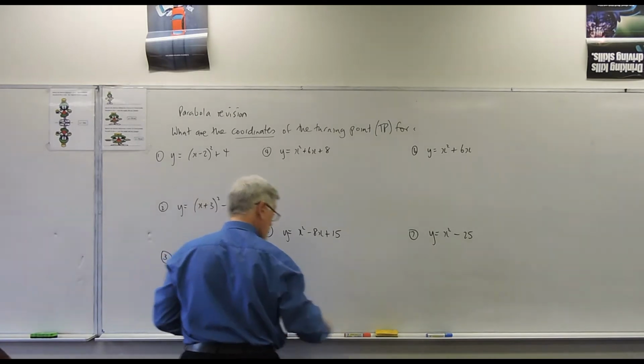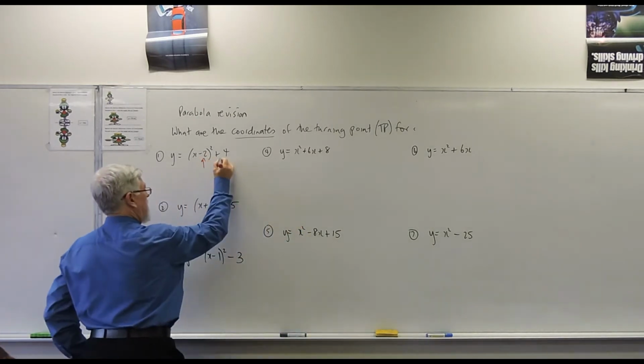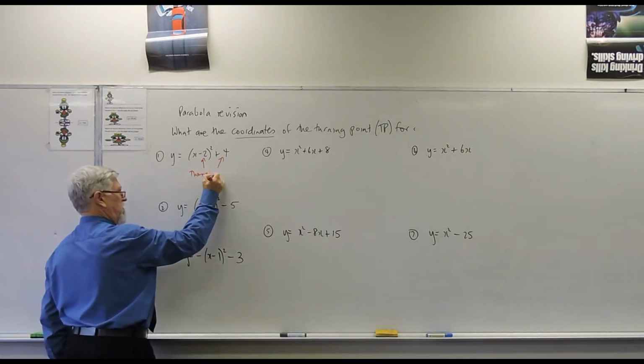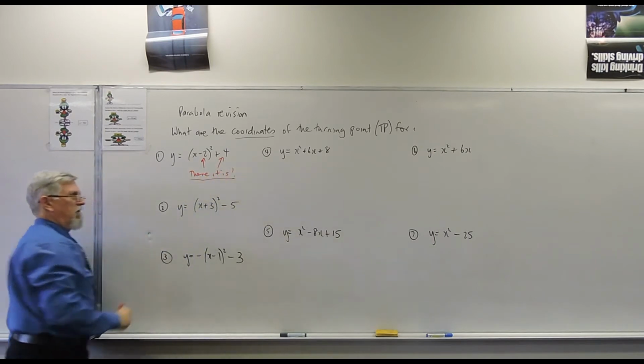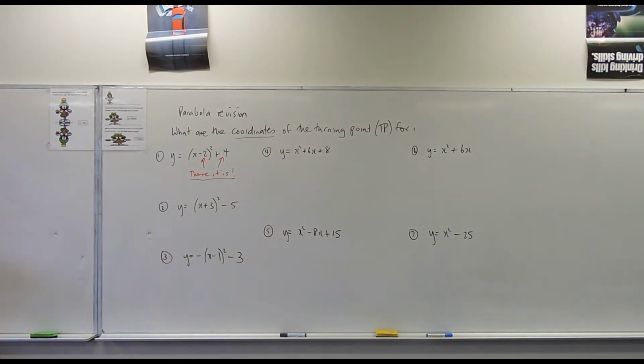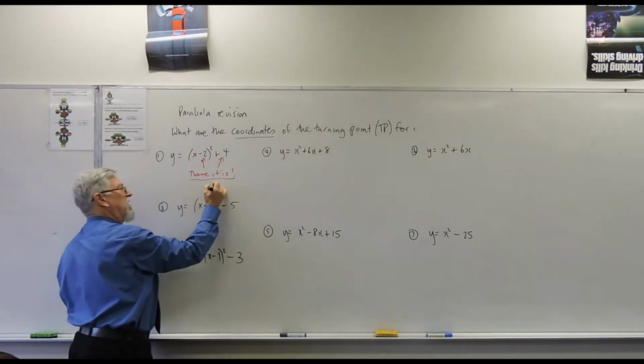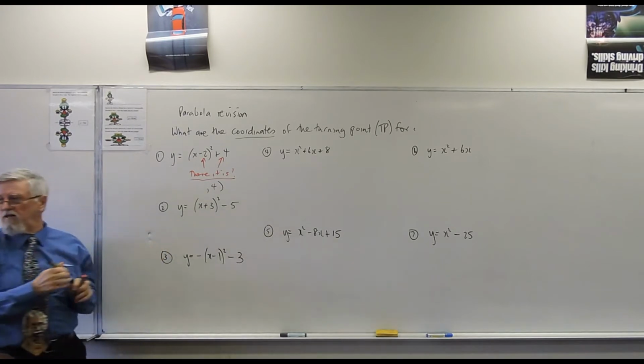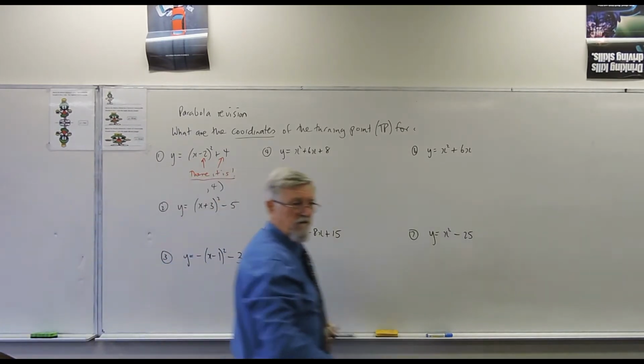Ready? This one is so easy, I'm going to be cheeky and just go. Look at the first one, there it is, there's the answer. It said the coordinates of the turning point. Now, what's on the outside stays the same, and what's on the inside does the opposite.